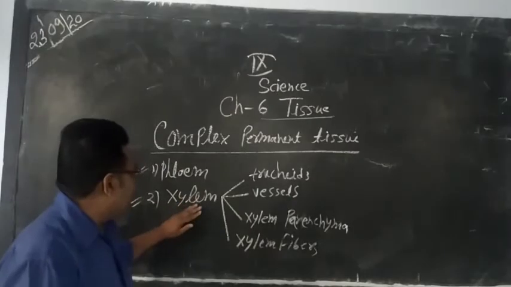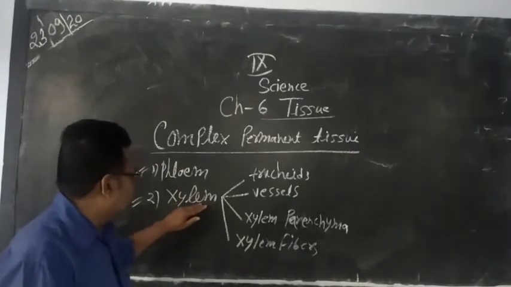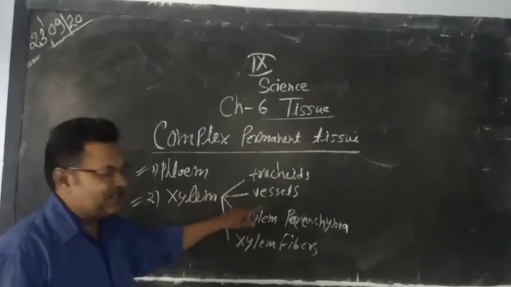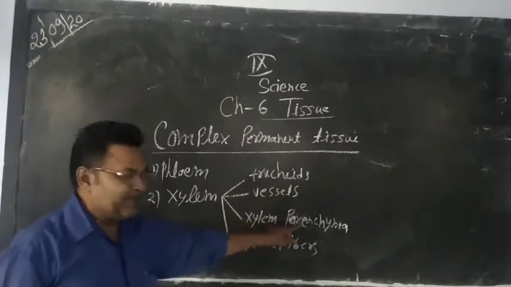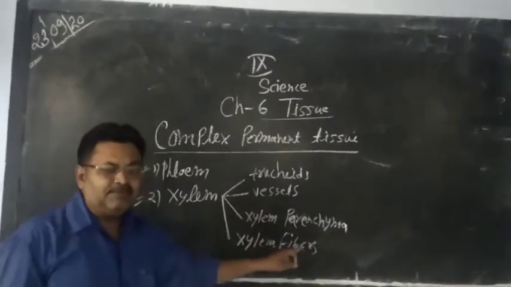They are made up of the following cells: tracheids, vessels, xylem parenchyma and xylem fibers.